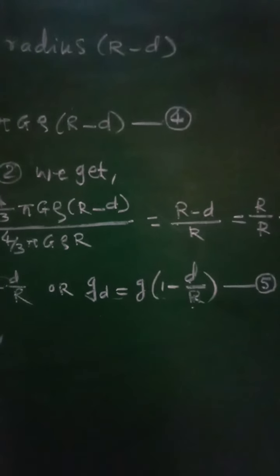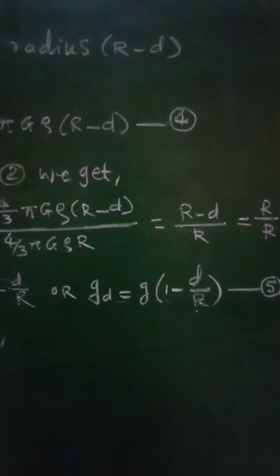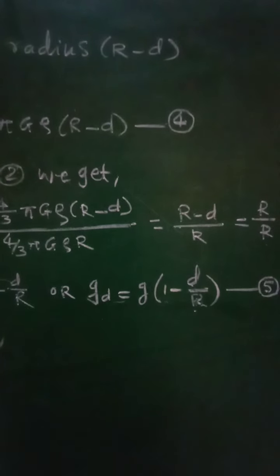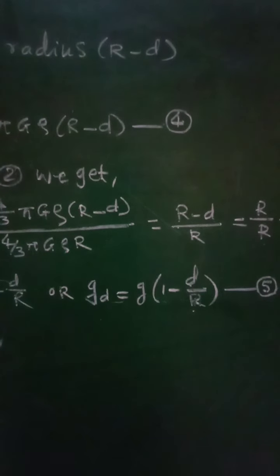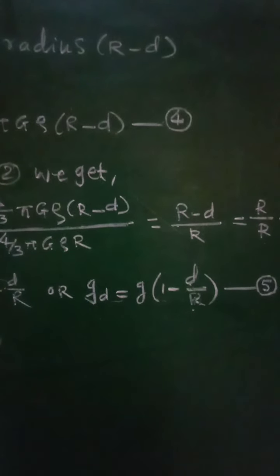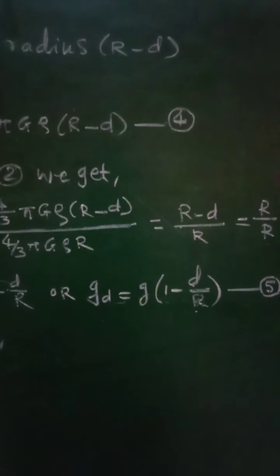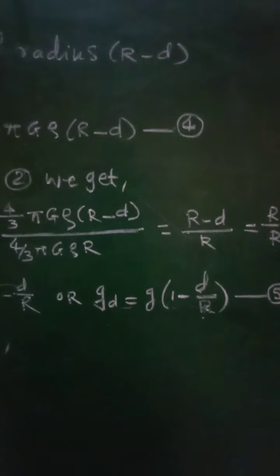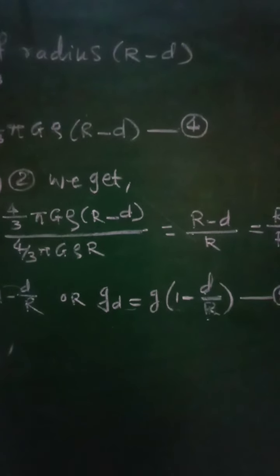That means we can say that only at the center of the earth the acceleration due to gravity g will be equal to 0.